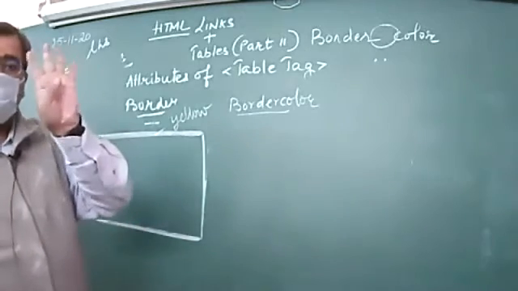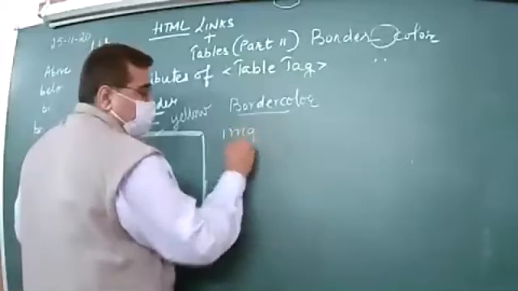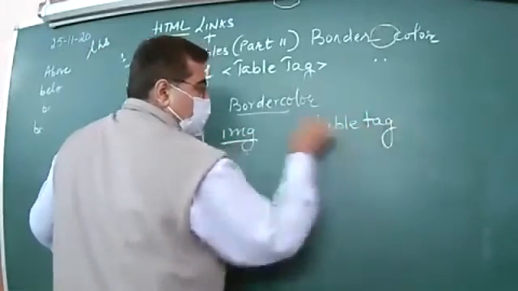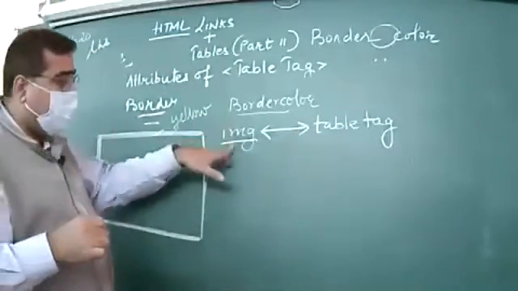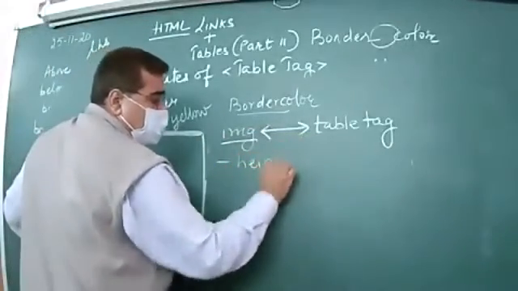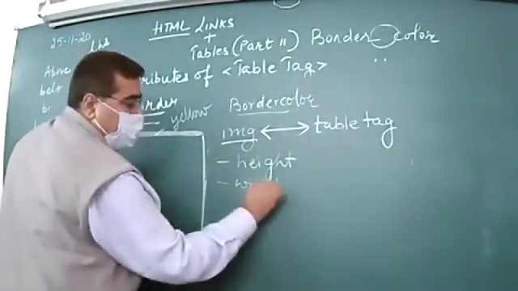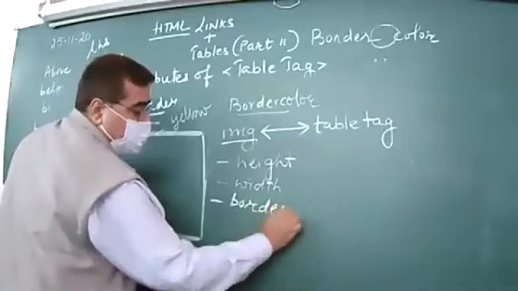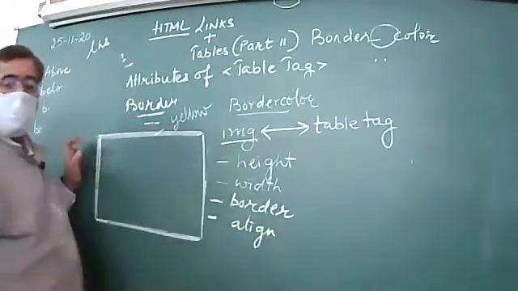Now, there are four attributes which are common in image and table tag. Let us discuss height, width, border, then align.